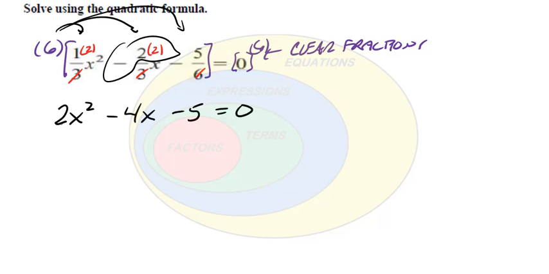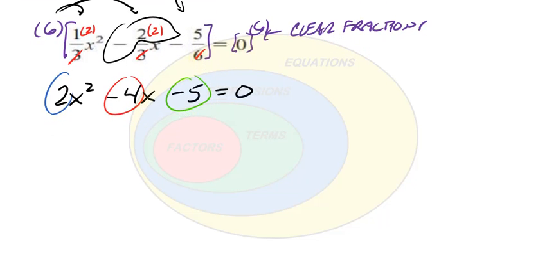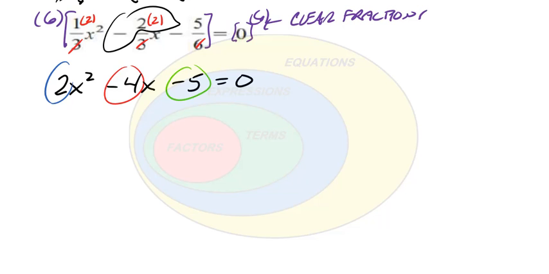All right, so now our quadratic equation is in standard form. A is the coefficient of x squared, which is 2. B in this case is negative 4, and the constant is negative 5, or C. So plugging this into the quadratic formula, we get x equals, we've got our fraction bar with plus or minus and then the square root.